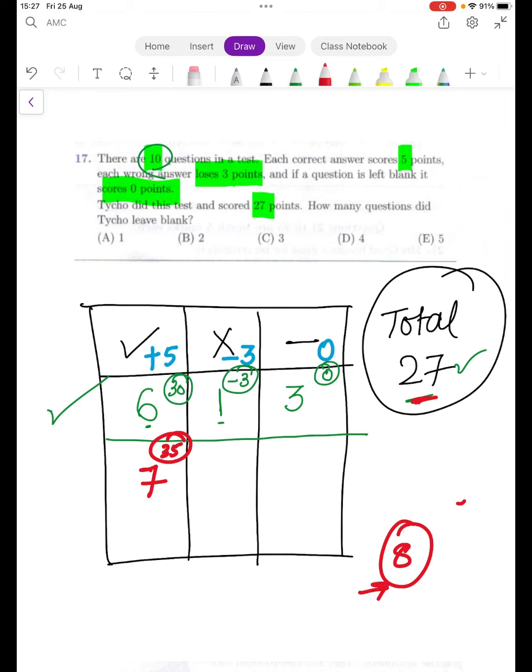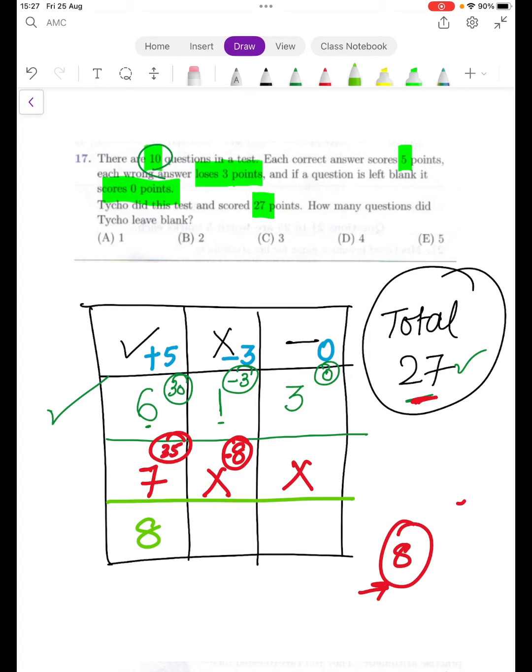Because each wrong question takes away 3 marks, there is no possibility of losing 8 marks by attempting some wrong questions. There is no chance that I can deduct 8 marks here, because 8 is not a multiple of 3. So this is not possible.